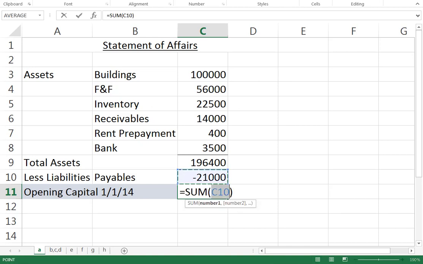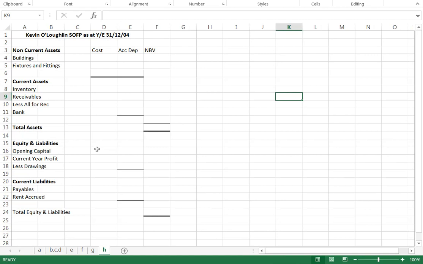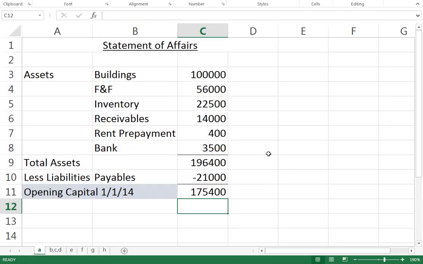And when I total the two of those, 196,400 minus 21,000 gives me an opening capital of 175,400. Okay, 175,400, and I'm going to put that straight into my answer. Okay, that's A. So that's my first one done, my statement of affairs.